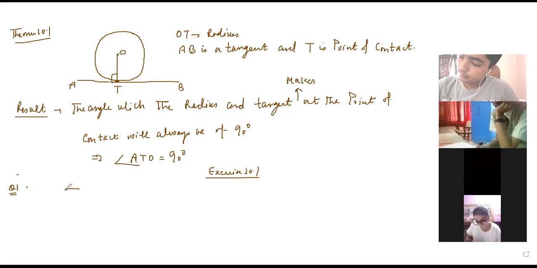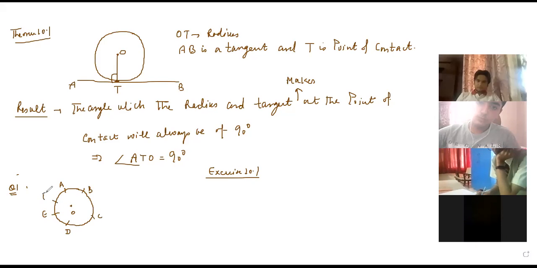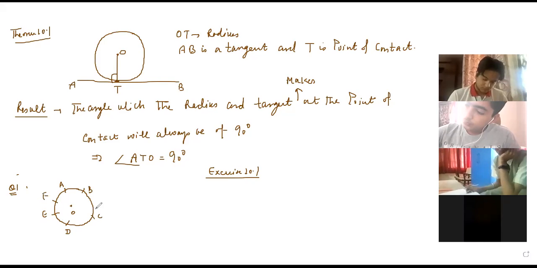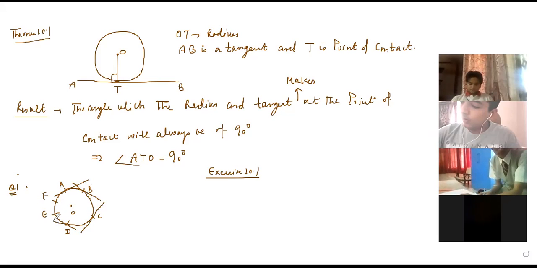Now see, this is a circle whose center is O. So I can take n number of points here. I can take A, B, C, D, E, F. That means there are infinite points on the circle, and when I draw a line which touches this circle, there will be infinite lines like this, like this.